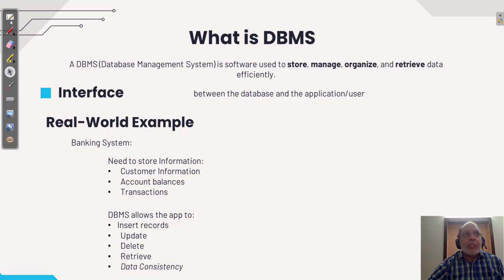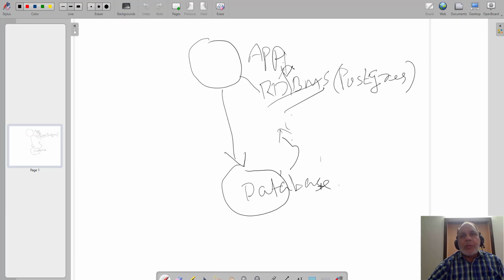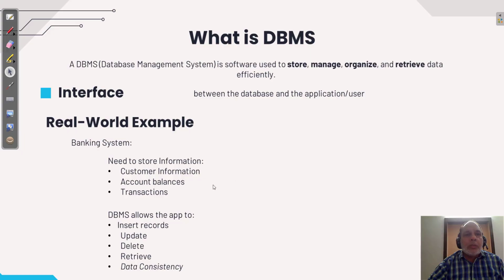So all the information we are saving in this database, and by using the RDBMS, which is the software, our application, website, web application or desktop application, will fetch the data from the database by using Postgres. So it will provide the data to our application. Okay.